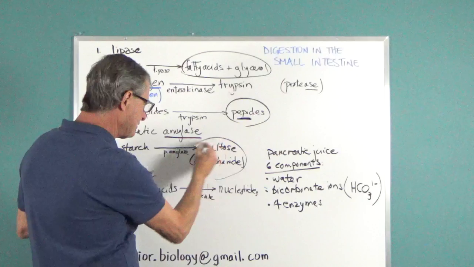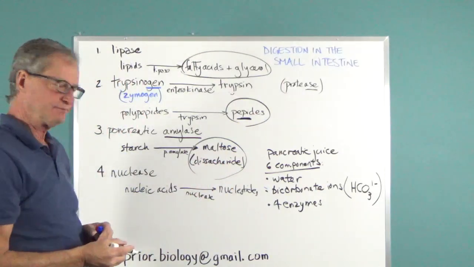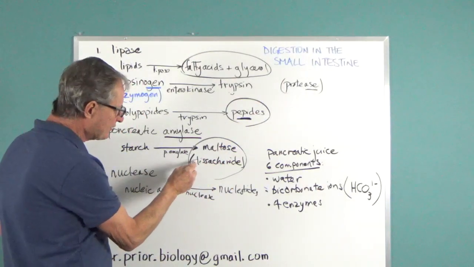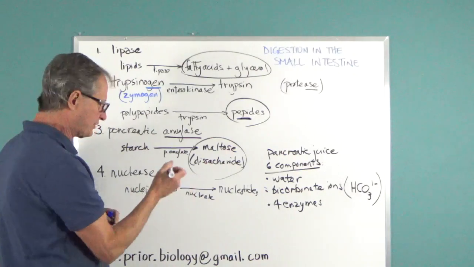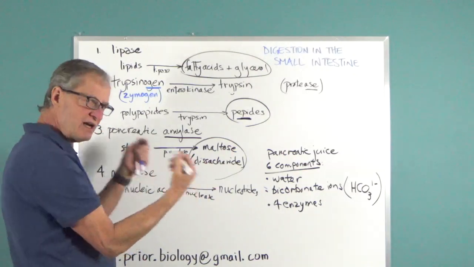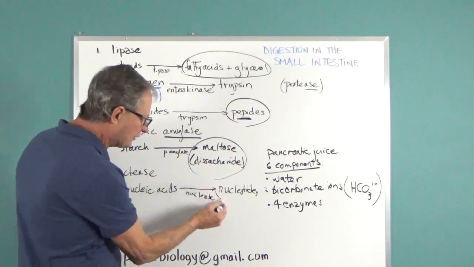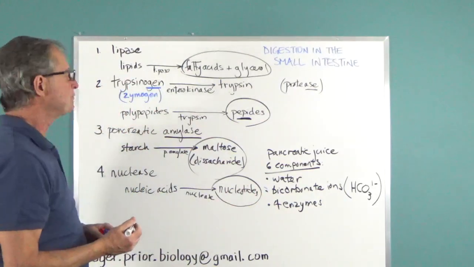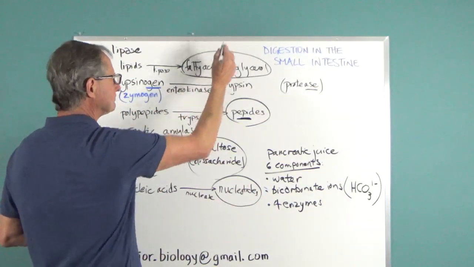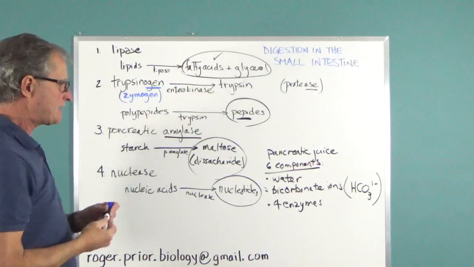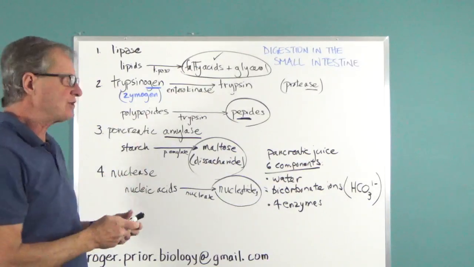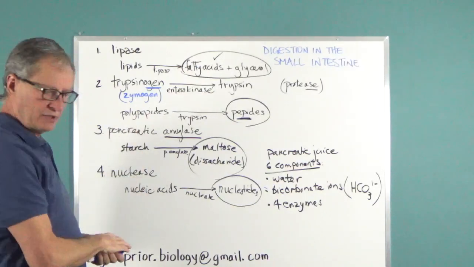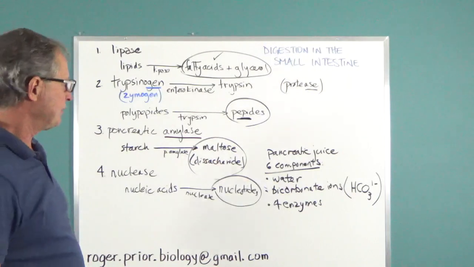Maltose, disaccharides, too big to be absorbed. We do eat other disaccharides. Sucrose, for example, is a disaccharide, and it has to be broken apart as well. Nucleotides are still too big to be absorbed. This one's okay. So there has to be another set of processes that goes on in the duodenum to get these things small enough so that they can be absorbed.